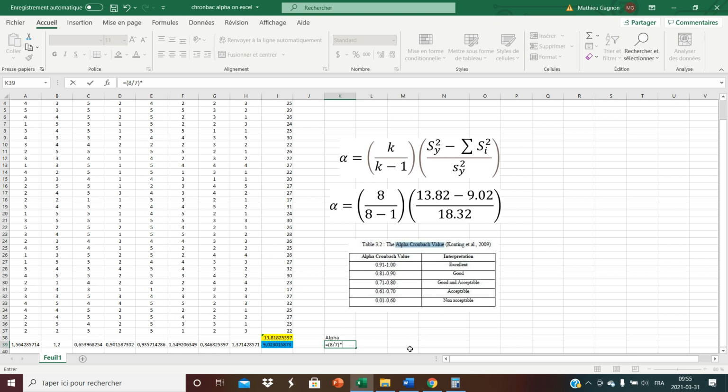And now what I'm going to do is open bracket again, 13.82 minus 9.02. All right. And actually, I'm going to close bracket and divide that by 18.32.